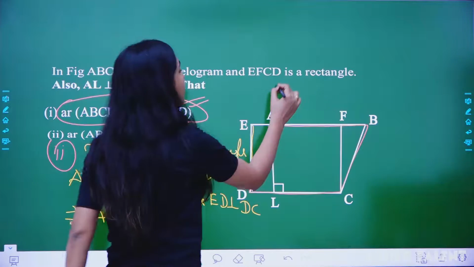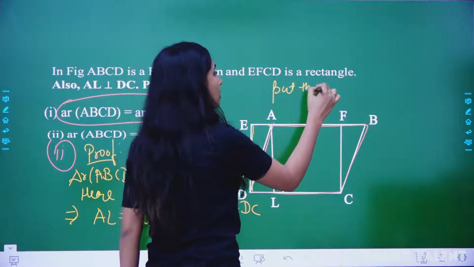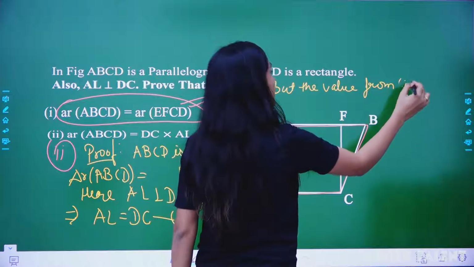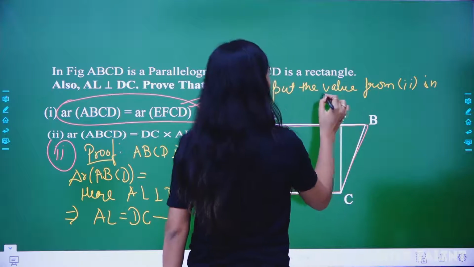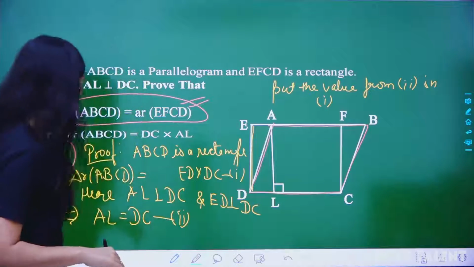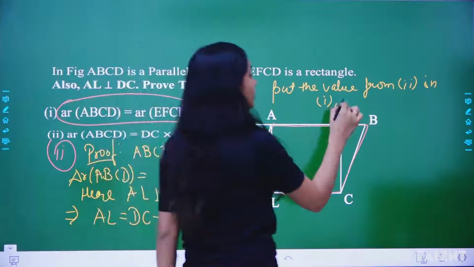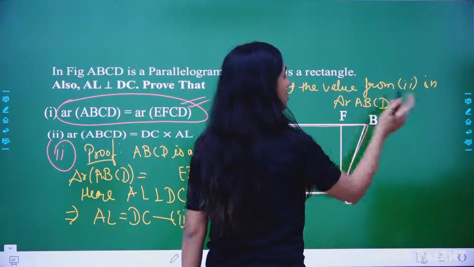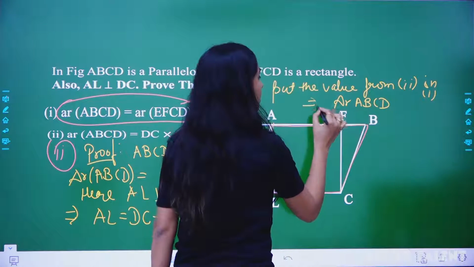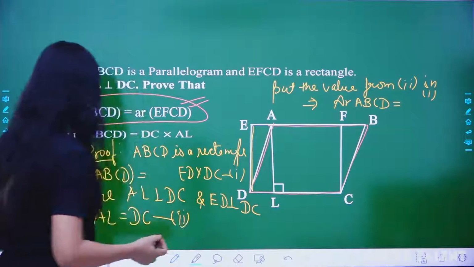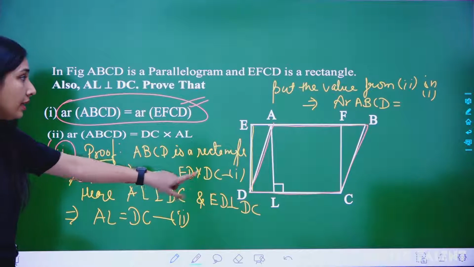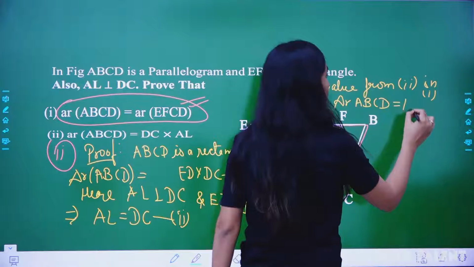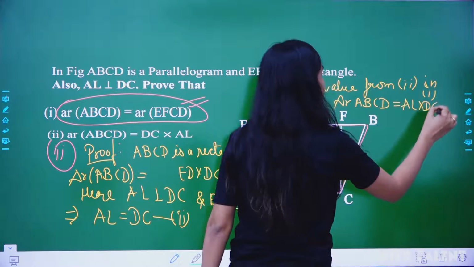Okay, put the value from the second into the first. That means area ABCD is equal to what? ED we have replaced with AL, so AL multiplied by the same DC.